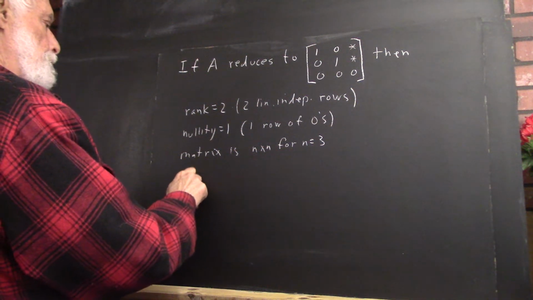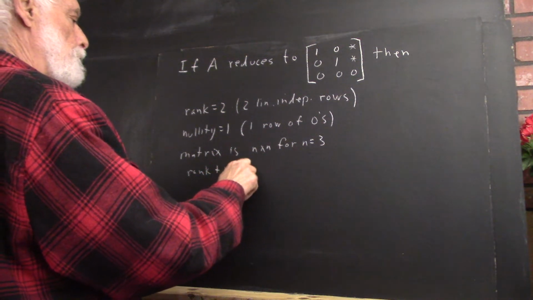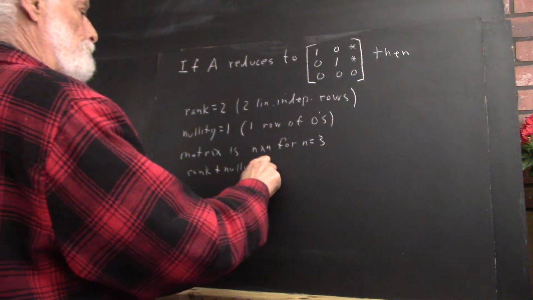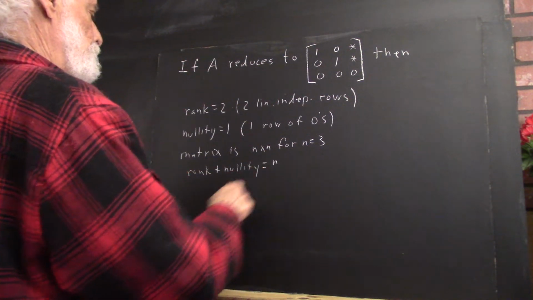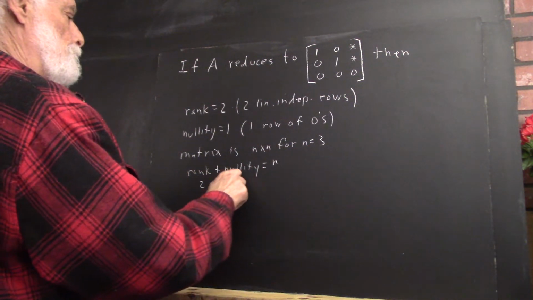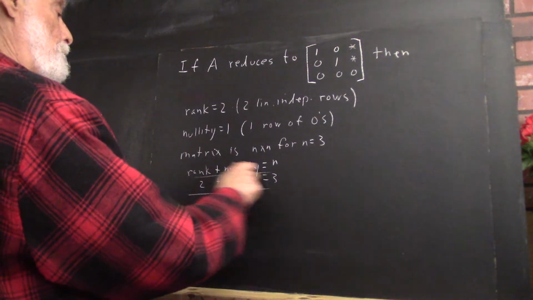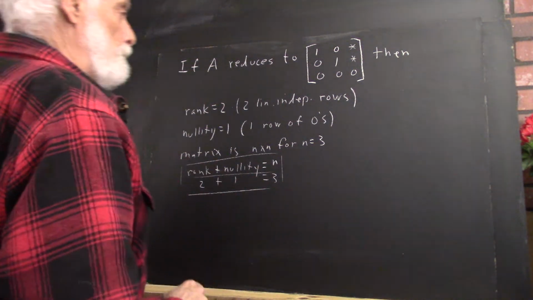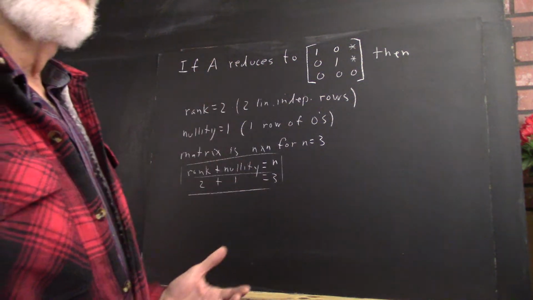And now the rank plus the nullity equals n, because 2 plus 1 equals 3. Very simple to see what the rank and the nullity are.